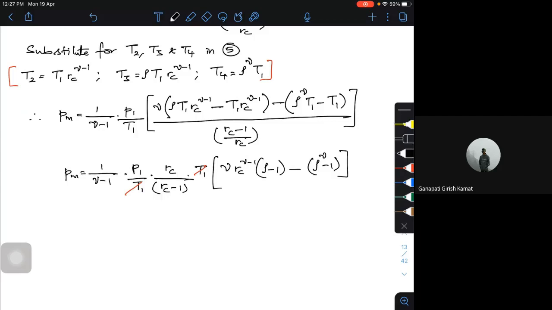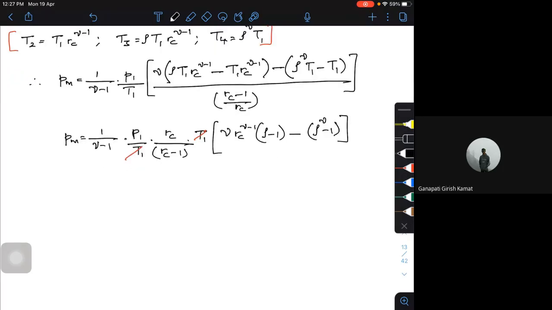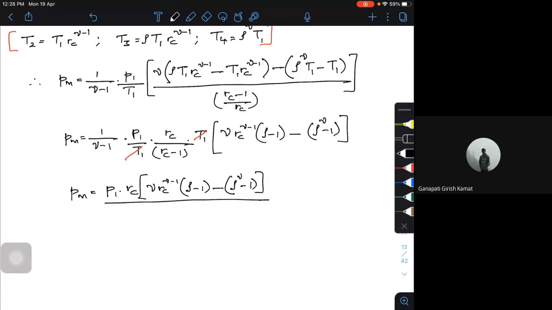I'm left with only T1 into RC whole thing. I can write this as the further simplified: Pm is equal to T1 into RC, into gamma RC to the power of gamma minus 1 into rho minus 1 minus rho to the power of gamma minus 1, whole thing divided by gamma minus 1 into RC minus 1.